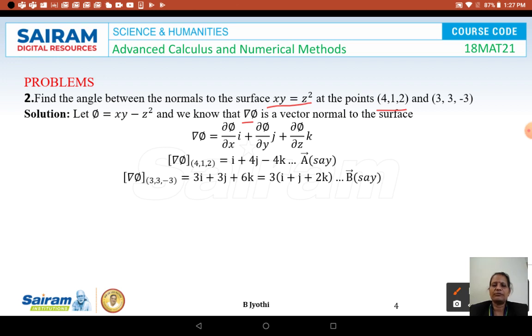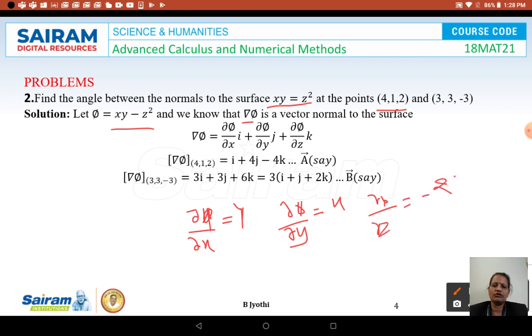Differentiating with respect to x, y and z, dou phi by dou x is y, dou phi by dou y is x, and dou phi by dou z is minus 2z.